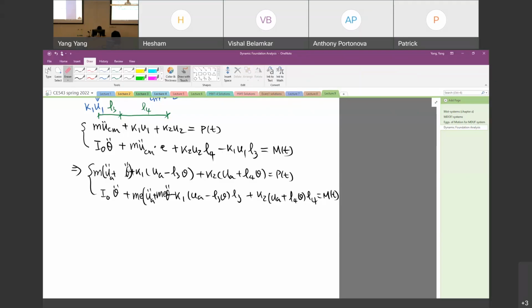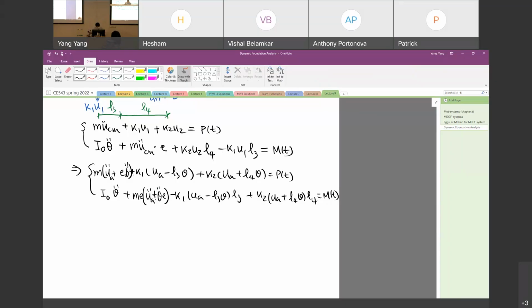So that's the equations with only the variables UA and theta.